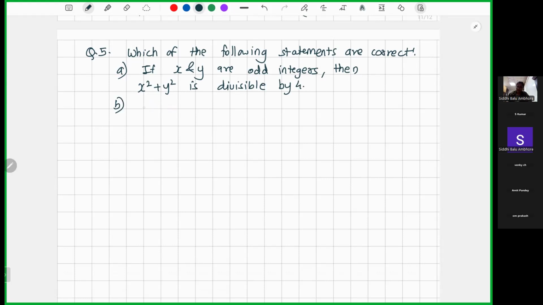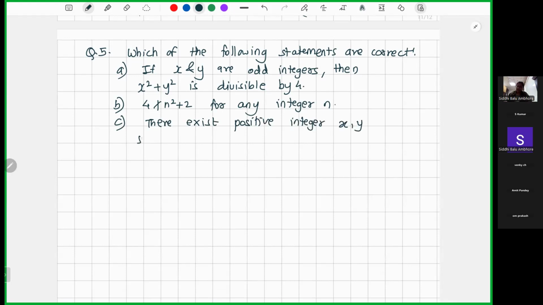4 doesn't divide n square plus 2 for any integer n. The third one is that there exist positive integers x and y such that GCD(x, y) is 3 and x plus y is 100.